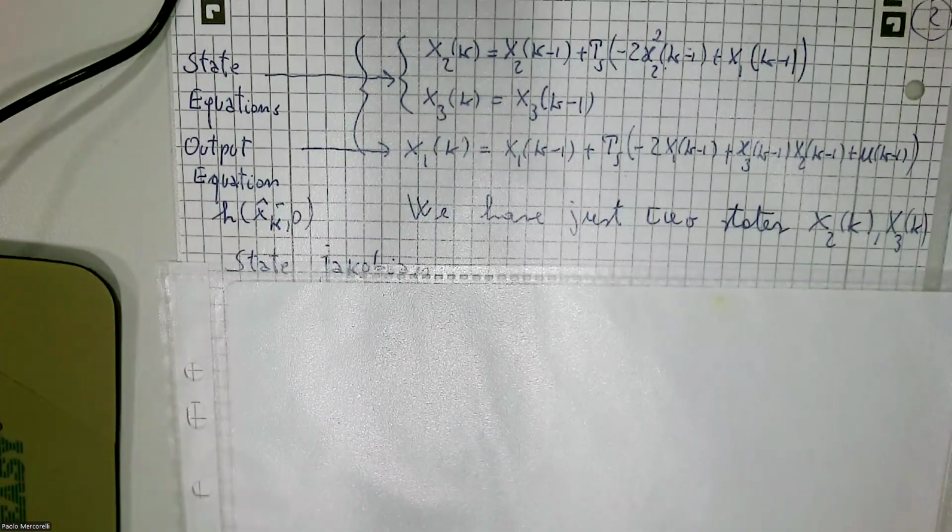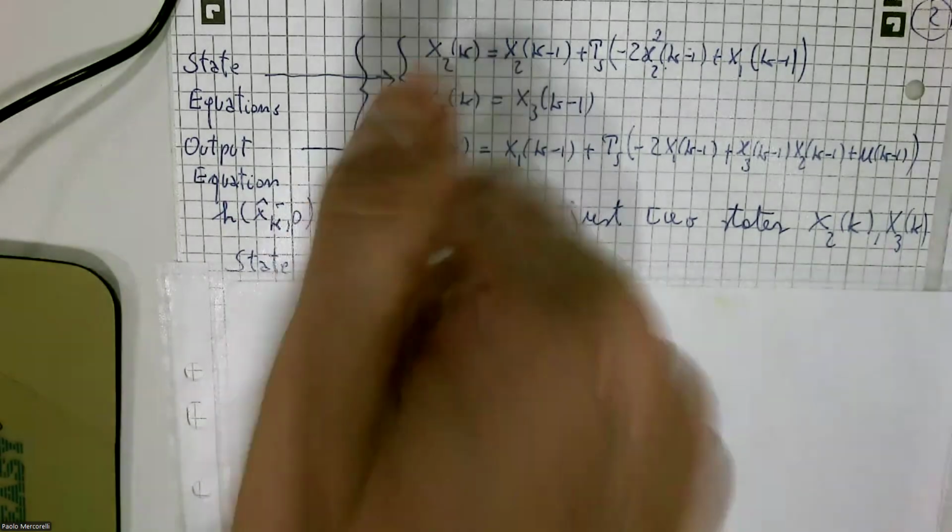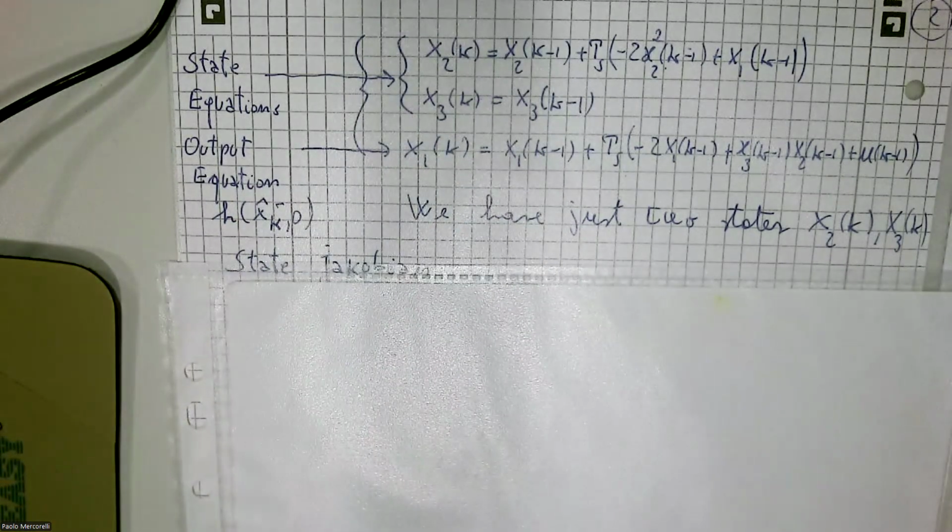But of course, we can also consider different representations. We have three equations which can be combined: two equations in states and an output equation. Of course, we have three possible representations. This opens a question: which one is the best representation? I will try to address this question later.